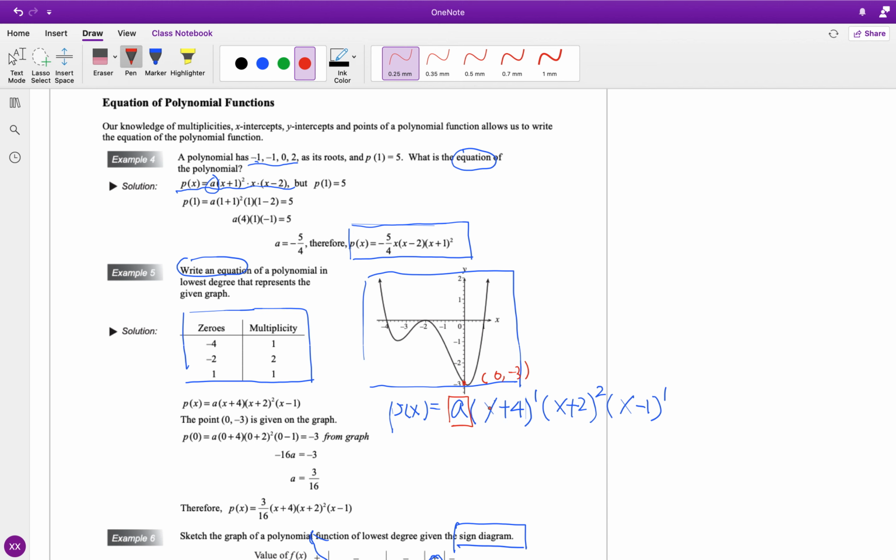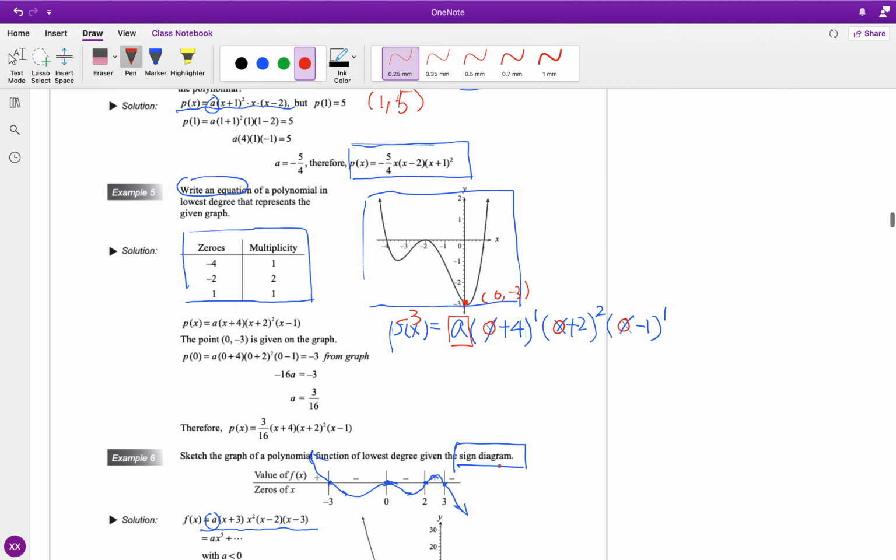Therefore, when x equals 0, this is negative 3. From here, we can calculate the a. Same thing as that: this point is given, 1 and 5. Now this one is from the graph. You're going to locate one of the points, which is (0, negative 3). Either way, plug the point in, then you can calculate the a.